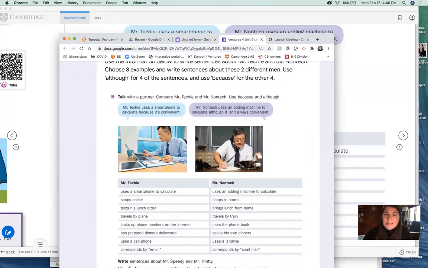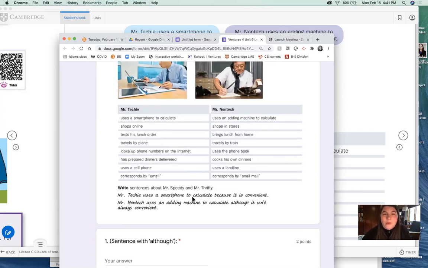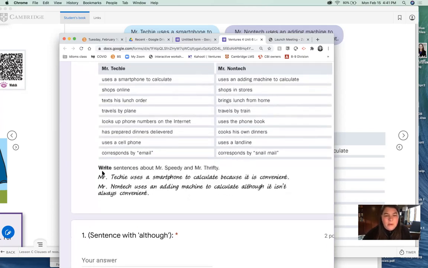So we practiced although yesterday. So don't say all although, or all because. Choose 4 examples for although and 4 for because. So down here, you can say, Mr. Techie uses a smartphone to calculate because it's convenient.